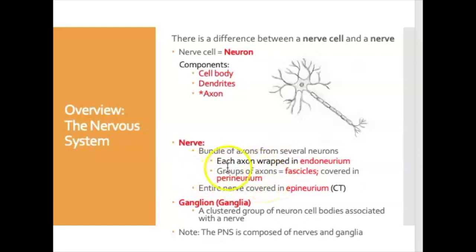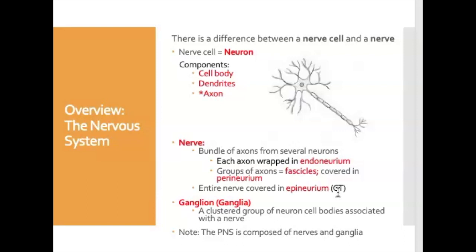And finally, the entire bundle, the entire nerve, all of the axons together, would be covered in a connective tissue layer called the epineurium. So when you think about a nerve running down your arm or running down your leg, what you're thinking of is a bundle of axons from many different neurons that are basically working together, functioning together.